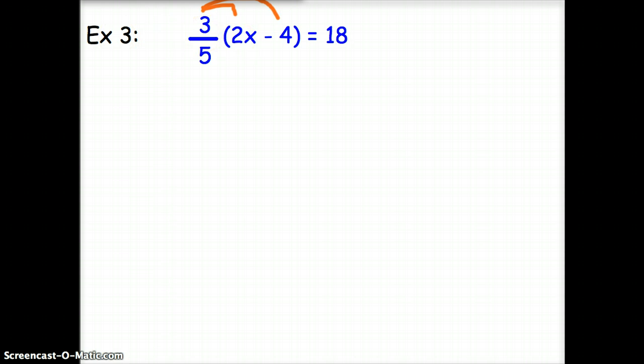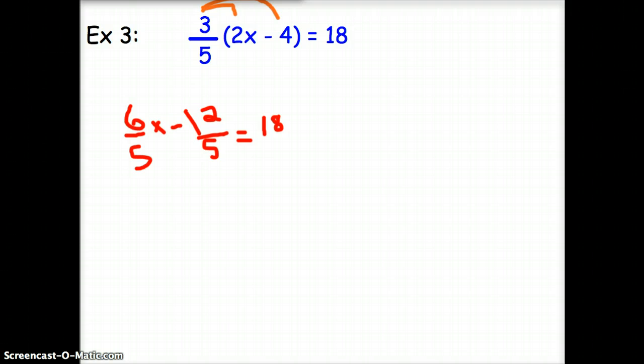So let's see, 3 times 2, that's 6, so that's 6/5 x minus 3 times 4 is 12, 12/5 equals 18. We can either leave those in fraction form or we can go ahead and put them in decimal form.